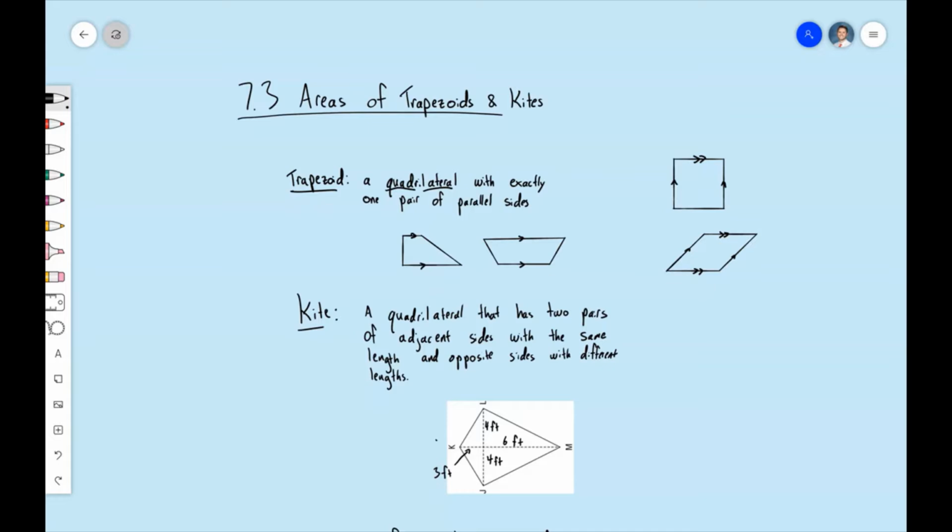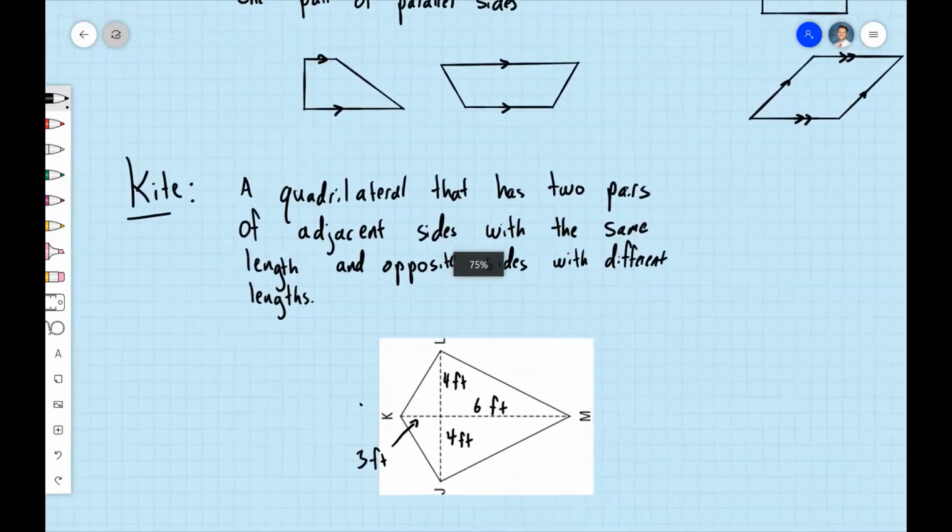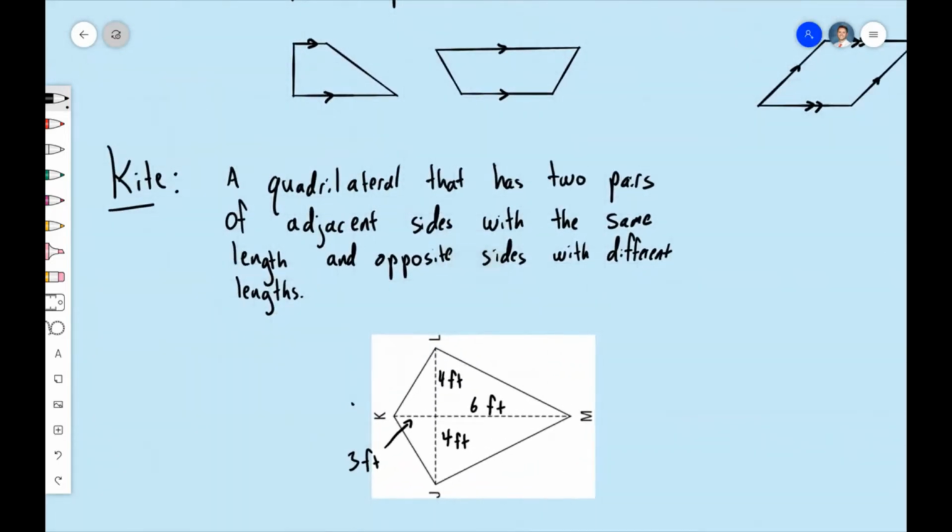Now a kite, on the other hand, is a quadrilateral that has two pairs of adjacent sides with the same length and opposite sides with different lengths. So that might sound a little confusing, but if we look at this example, you can see what I mean. We can see that this side here, which is adjacent to or next to this side here, they have the same length, as do these two sides here.